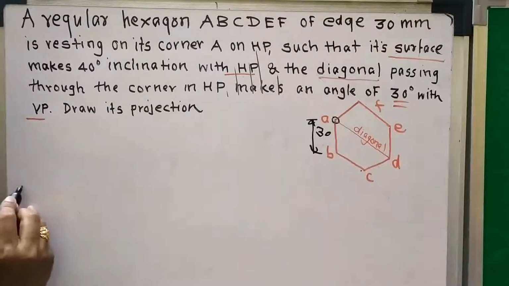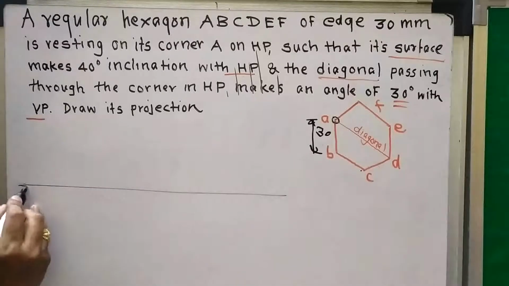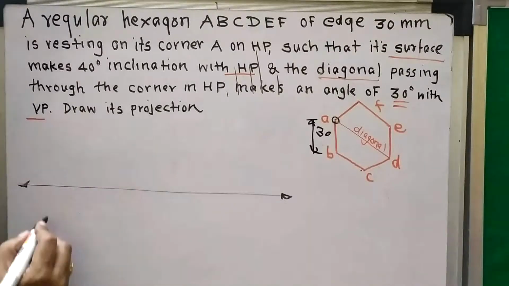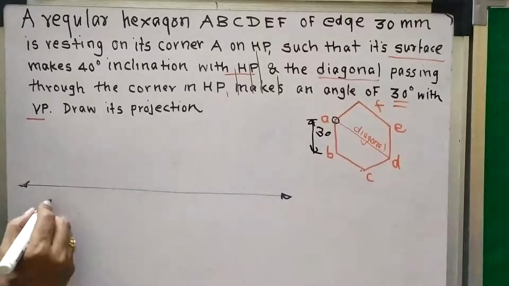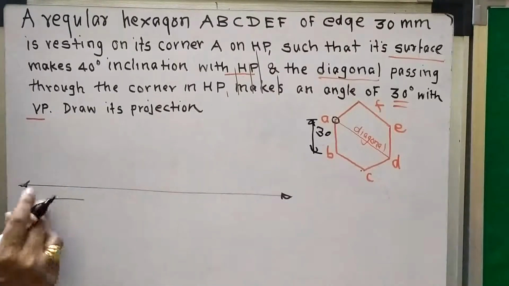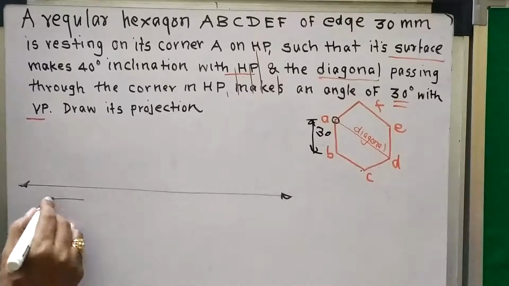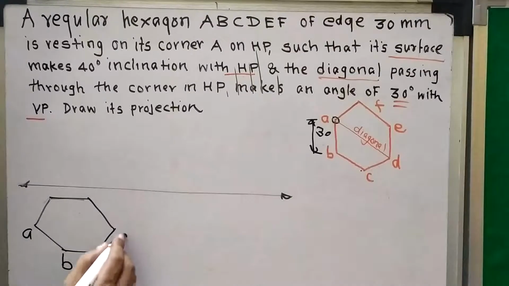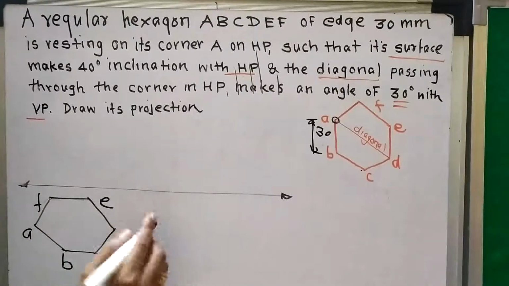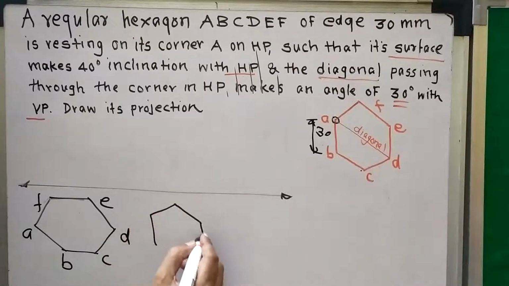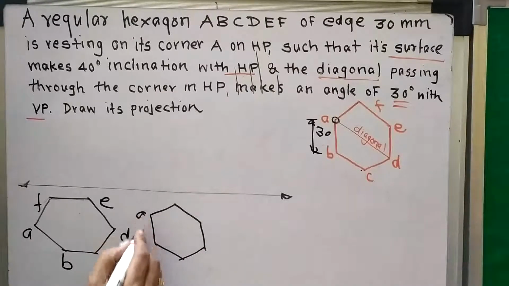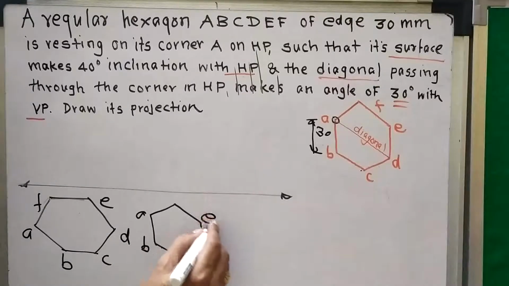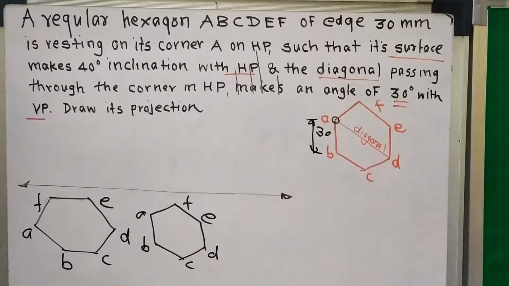Now suppose this is the XY line, and I have two possibilities. I can draw a hexagon like this, this is A, B, C, D, E, F, and a second hexagon like this position, A, B, C, D, E, F. So which hexagon I will select, I have to consider.